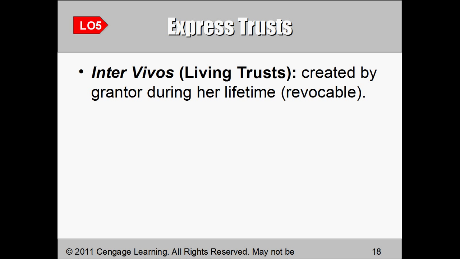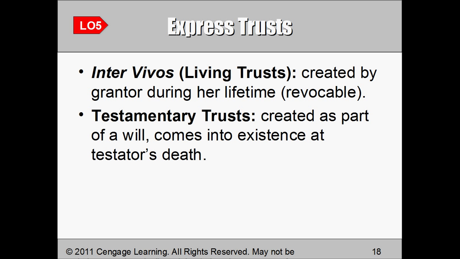So during the lifetime, before the settlor dies, the settlor can establish this trust, which is revocable, and they put the property in the trust, and it protects that property from being invaded by other individuals or other sources. We can also have what's called a testamentary trust.